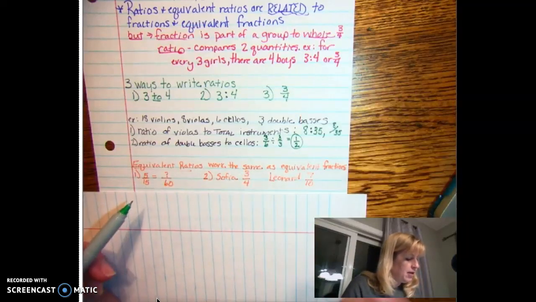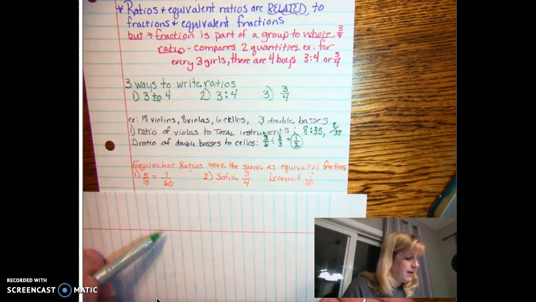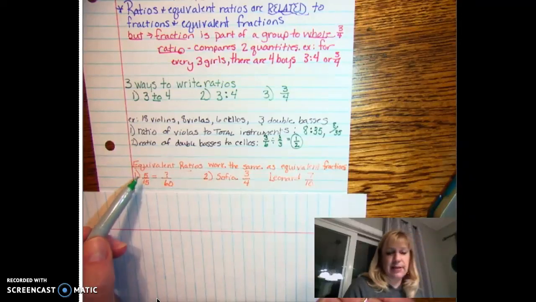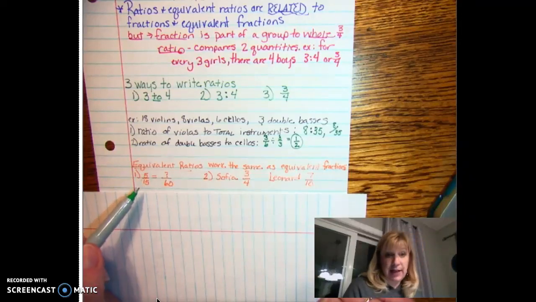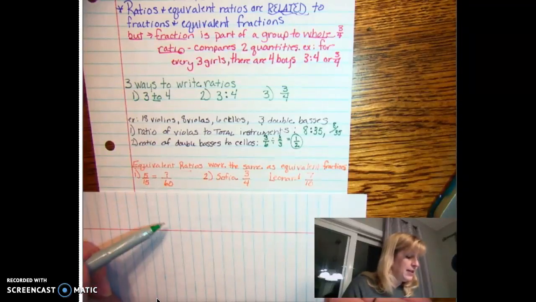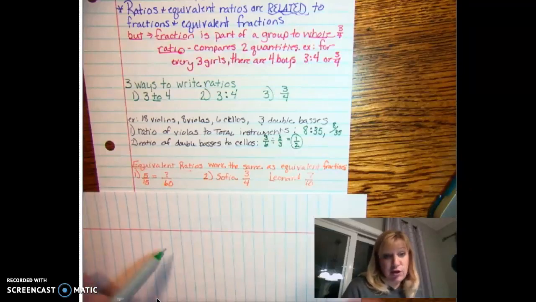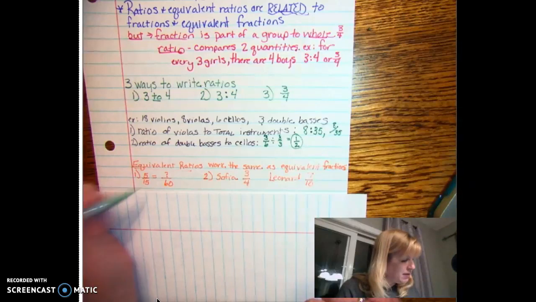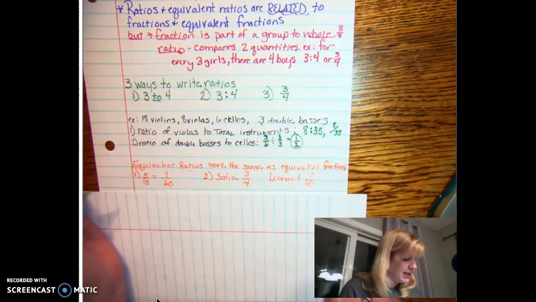So take a look at this. We have 5 to 15. So let's say we need 5 M&Ms to every 15 peanuts in our trail mix. So let's say we have 60 peanuts. Now those of you with peanut allergies, you wouldn't want this, but just for our example, let's do that. What would we multiply 15 by to get 60?